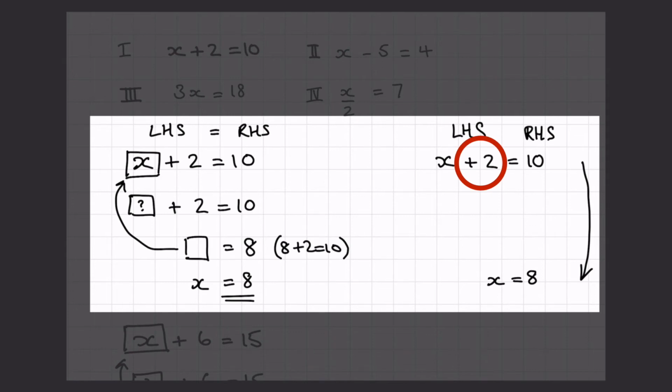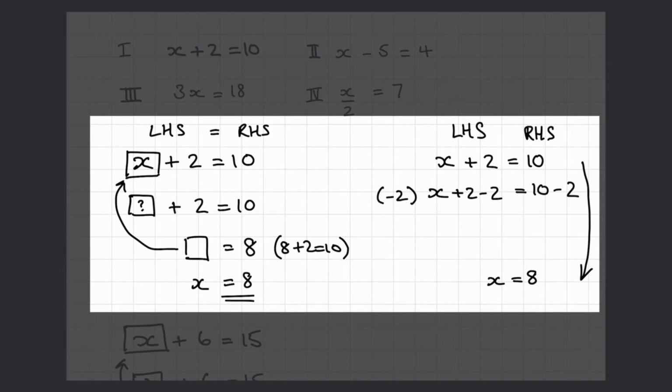The opposite of addition is subtraction. So, and this is how we do it, if I subtract 2 from both sides, I'm going to put all the lines in just so you can see what's happening. X add 2 subtract 2 is equal to 10 subtract 2.